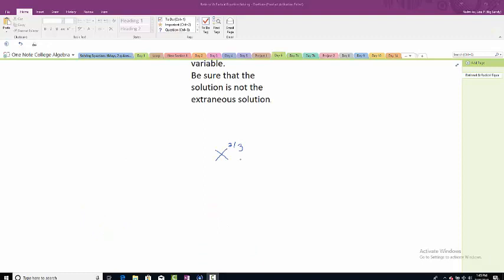So to continue with that, x to the 2/3 power, the 3 is my index, which in this case means the cubed root of x, and the 2 on top is my power, cubed root of x squared.